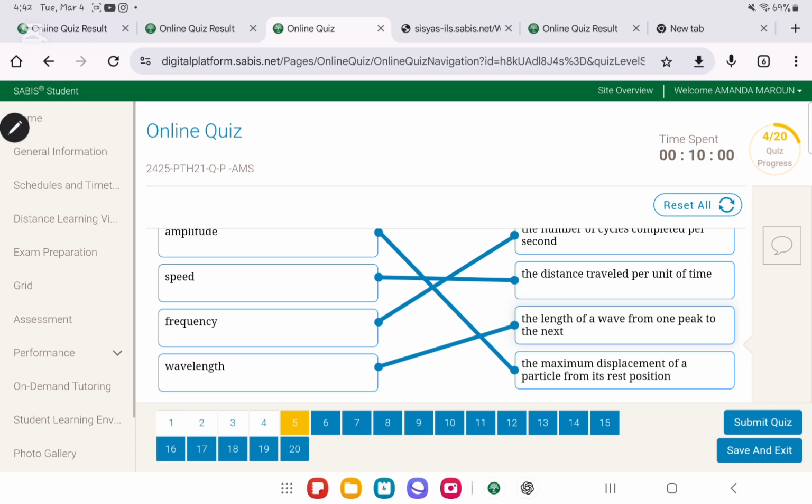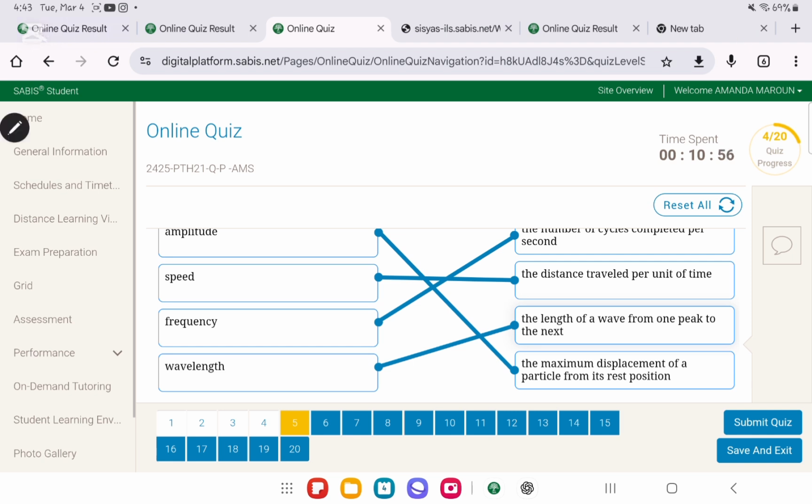Now, the amplitude of a wave is proportional to the loudness. So an increase in amplitude increases loudness, whereas frequency is proportional to pitch. So an increase in pitch is going to increase the frequency, or the other way around.